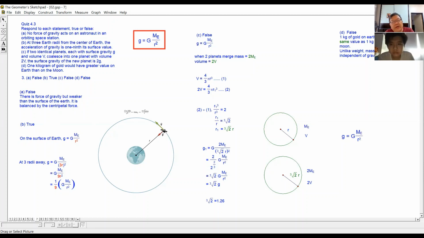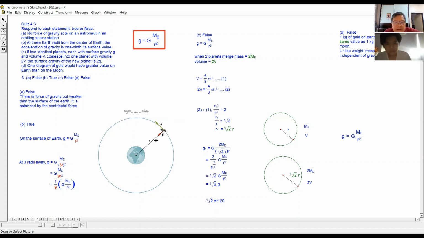Now, normally when we look at video clips or cinema shows, you see the astronaut floating there as if there is no gravitational attraction. So they ask you, is it true that up there in the space station or at the height of the satellite, there is no gravitational attraction? True or false? So the answer is false.